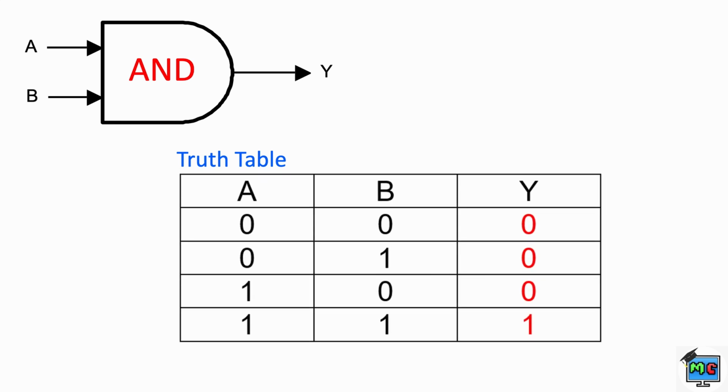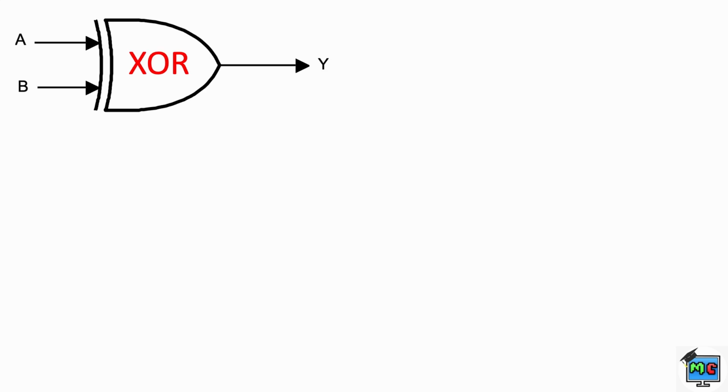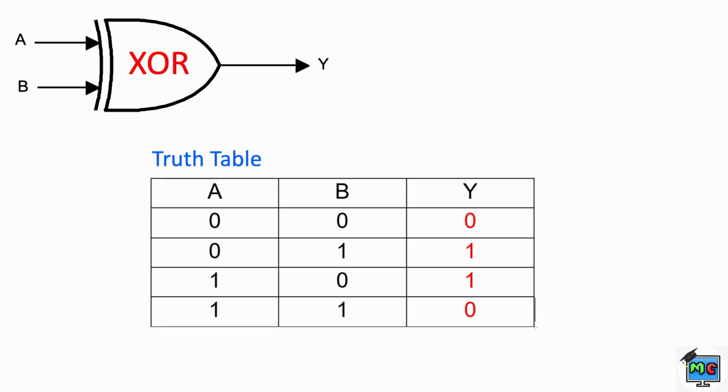Again, if you just saw the truth table, you'd be able to tell this is an AND gate. XOR gate, again, the truth table for the XOR gate. If you look at it, you will know straight away there's a difference between the OR gate and the XOR gate. Just by looking at the truth table, you will be able to distinguish between the OR gate, AND gate, NOT gate, and so on. So the truth table is another way of representing our logic gates.